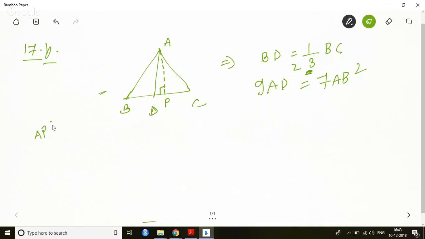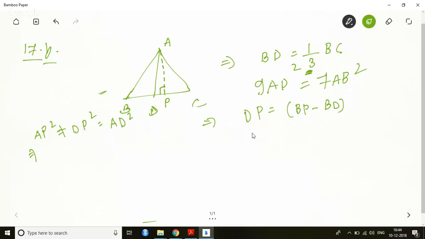AP square plus DP square is equal to AD square, and DP can be written as DP is equal to BP minus BD, and this is DP.